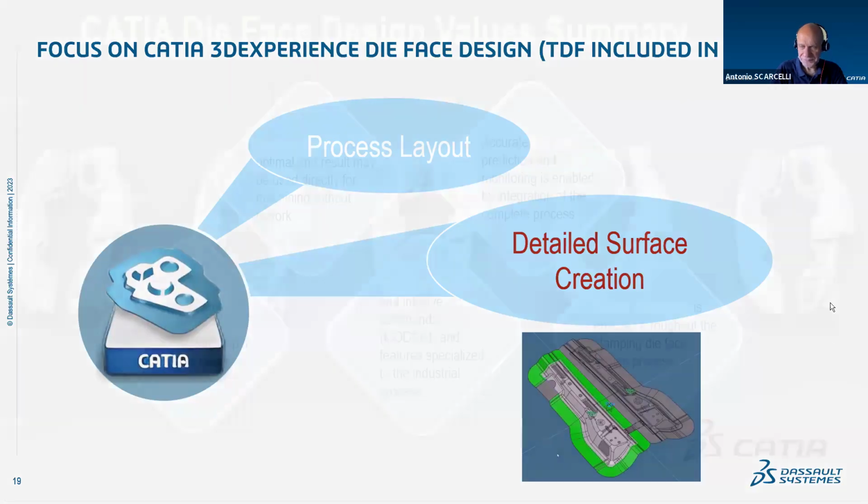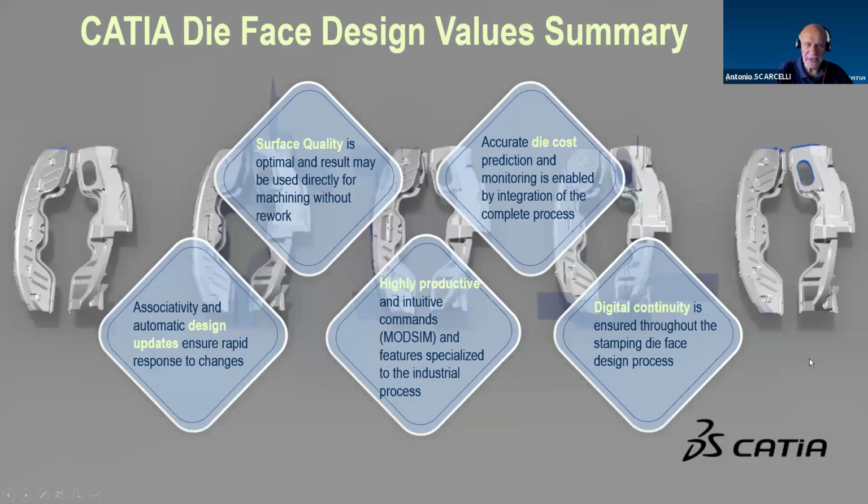So just as a summary based on the value, we are in CATIA. So that means you have the full surface quality of the CATIA surface application that is supported. So you will be able, for example, to machine this surface.